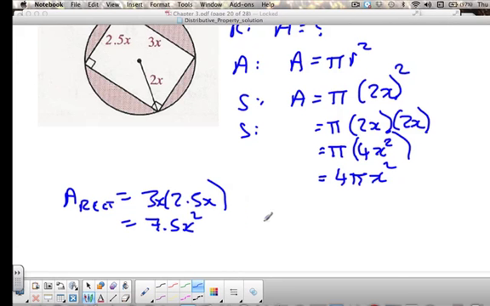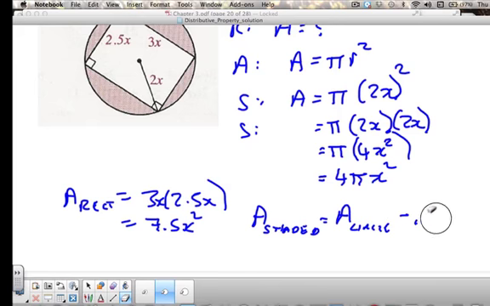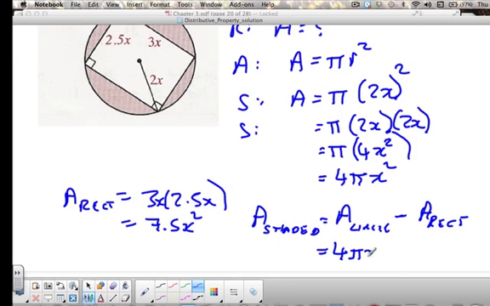Now, the area that's shaded is going to be the area of the circle minus the area of the rectangle, which is equal to 4 pi x squared subtract the area of the rectangle, which is 7.5x squared.